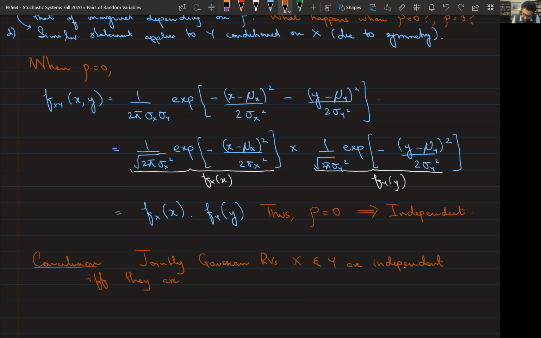So there's a two-way implication here, as opposed to the general case in which there was a one-way implication. Independence implies uncorrelated in general, but for Gaussian, it's both ways. Okay.